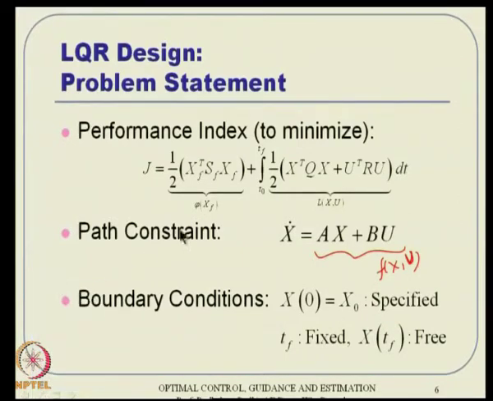So, just be careful about that. We are talking about vector variables in general. Okay. So, this is our phi, this is our L and this is our f, and these are the conditions that are available to us.